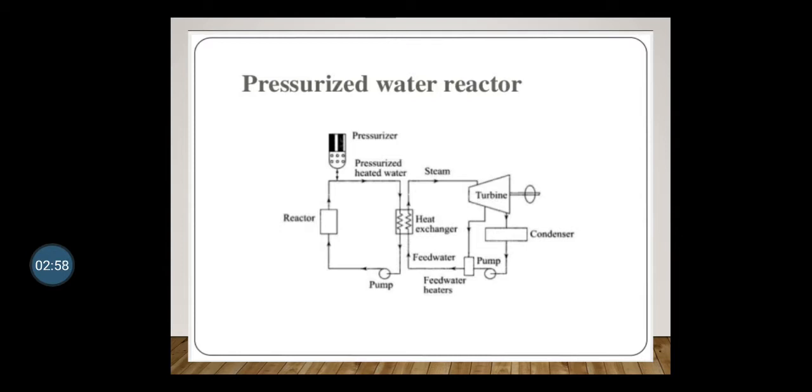This is the working of the pressurized water reactor. The steam created in the heat exchanger is sent to the turbine, and the turbine rotates; it is mechanically connected to the alternator, which generates the electricity.